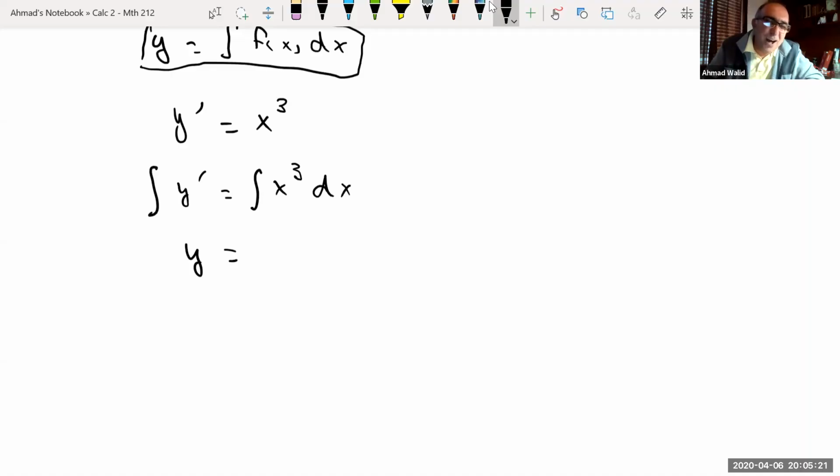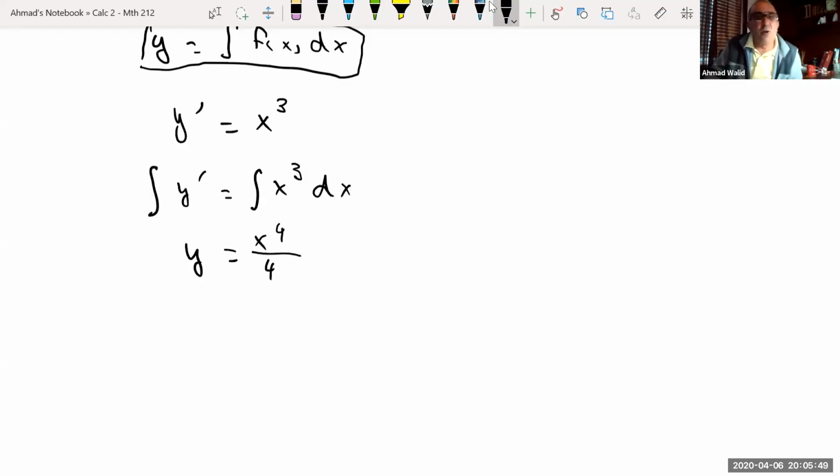You are adding 1 to the exponent and dividing by the new power. That means your answer is x to the power of 4 over what? 4. Is y equal x to the power of 4 over 4 a function? Yes. You see that the answer of a differential equation is always another function.